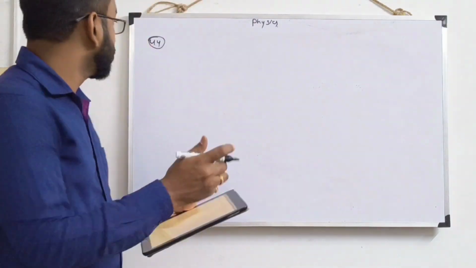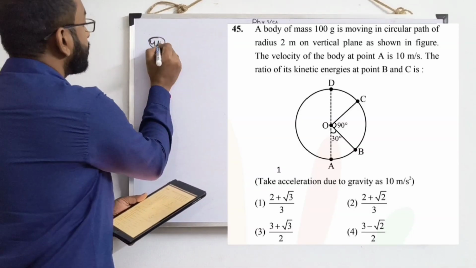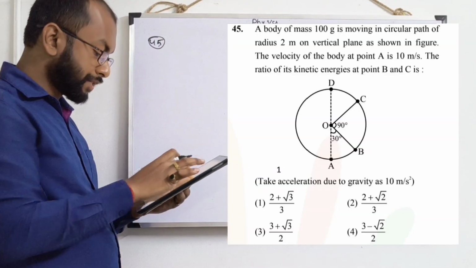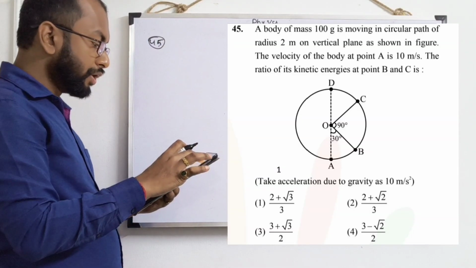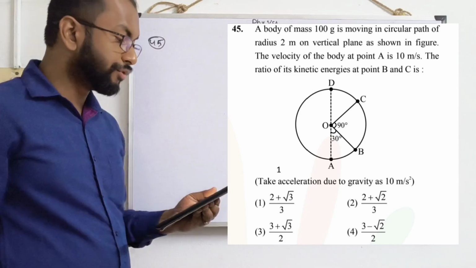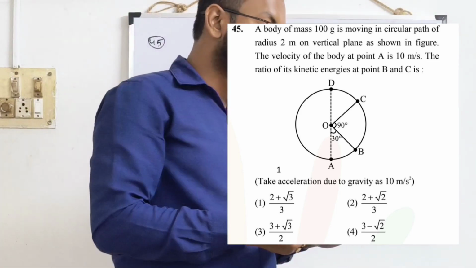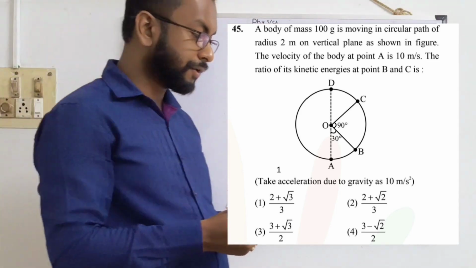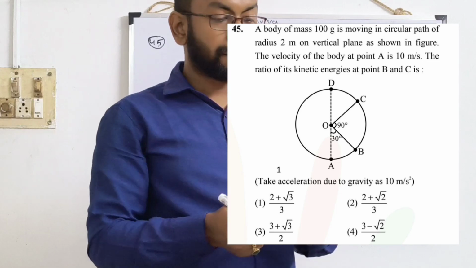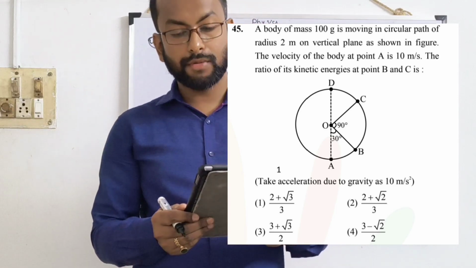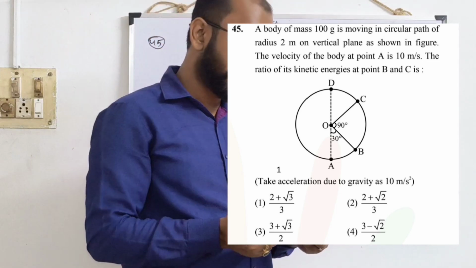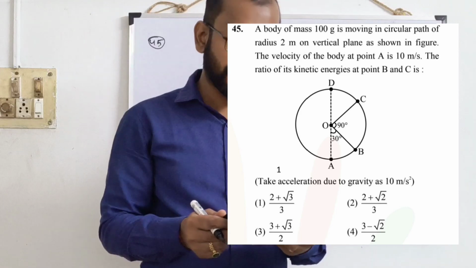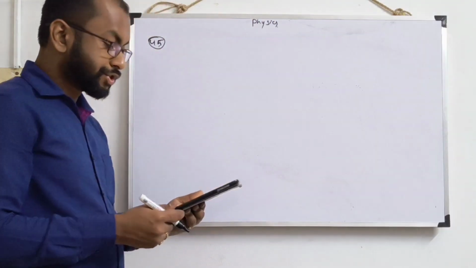Okay, the next question 45. The last question from section A. A body of mass 100 gram is moving in circular path of radius 2 meter on vertical plane as shown in the figure. The velocity of the body at point A is 10 meter per second. The ratio of the kinetic energies at point B and C will be. Okay, let us draw the diagram.